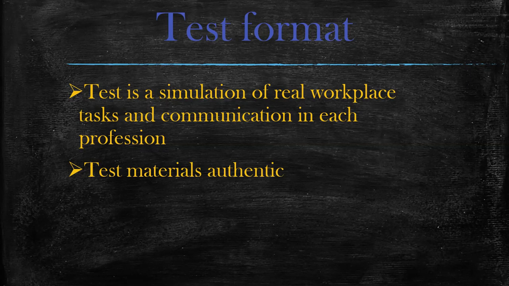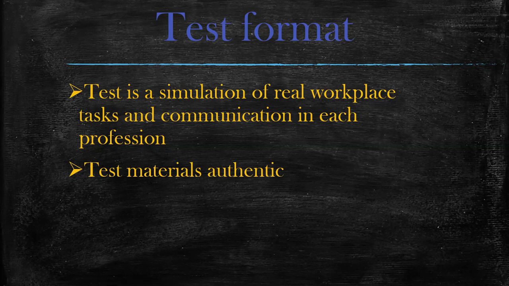The subtests are listening, reading, speaking, and writing. So for receptive, you're looking at the listening and reading subtest, and for productive, you're looking at the speaking and writing subtest. The test is a simulation of real workplace tasks and communication in each profession.